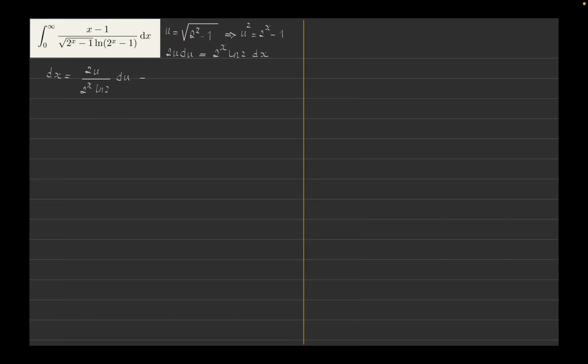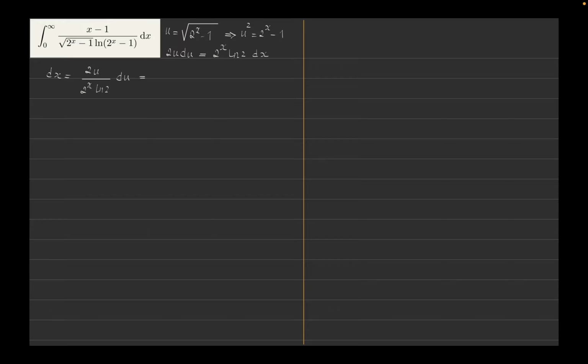But this is still not good enough because I still see 2 to the x there. I want to get rid of all x's. So this motivates me to go back here and move this 1 to the other side to be able to write 2 to the x in terms of u.